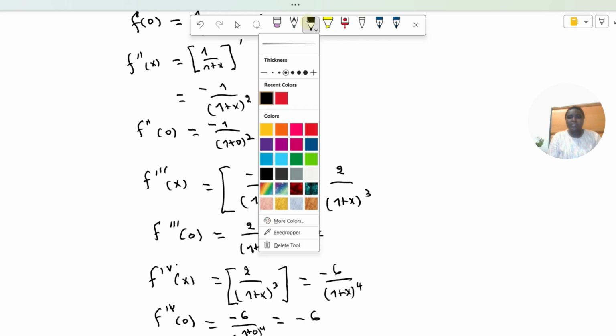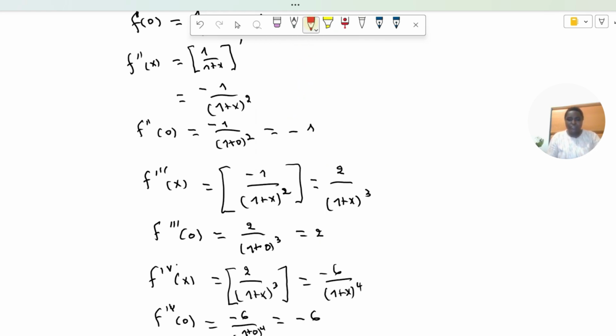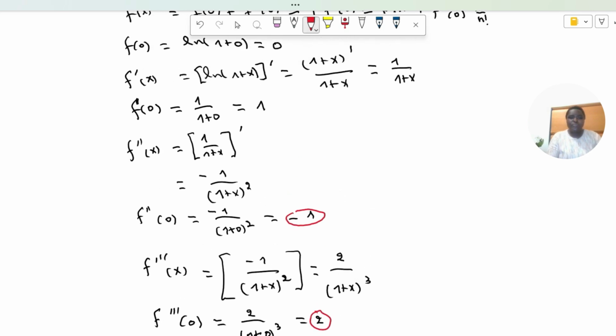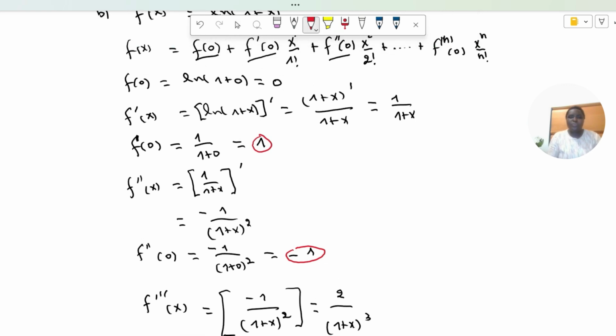So what do we have? Let me use another color here. We have this minus 6 at the fourth derivative, and 2 at the third, and minus 1 at the second derivative. And what else do we have? We have 1 at the first derivative, and we have 0 when the function is not differentiated.